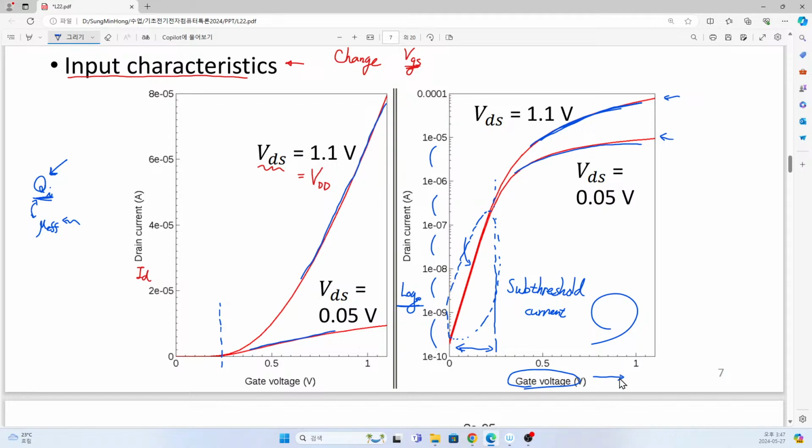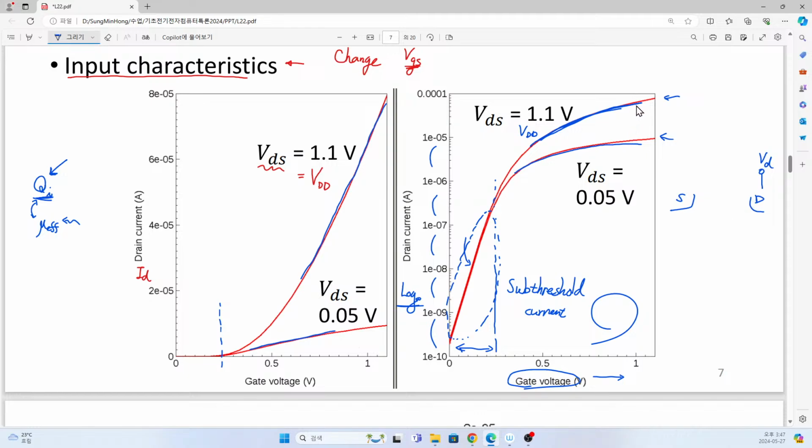Okay, then certainly since we have a higher VDS, so VDD, in this case we have more current conduction. That's true because here we have a source and drain, and now we apply even higher voltage. Yes, then there will be more current conduction.